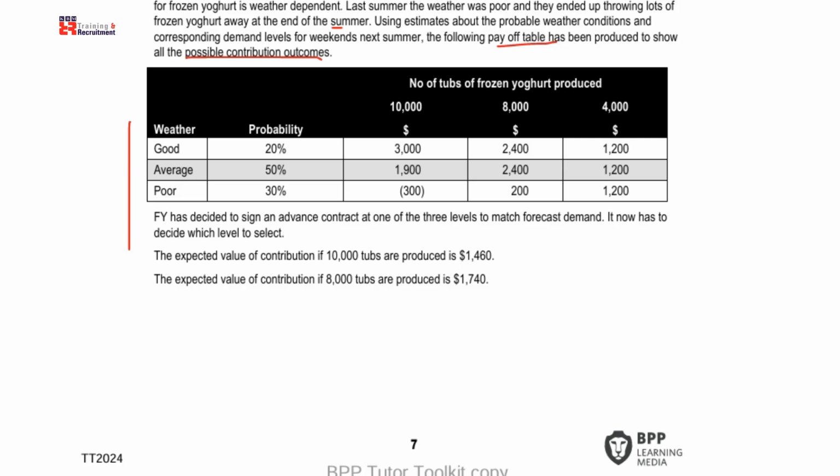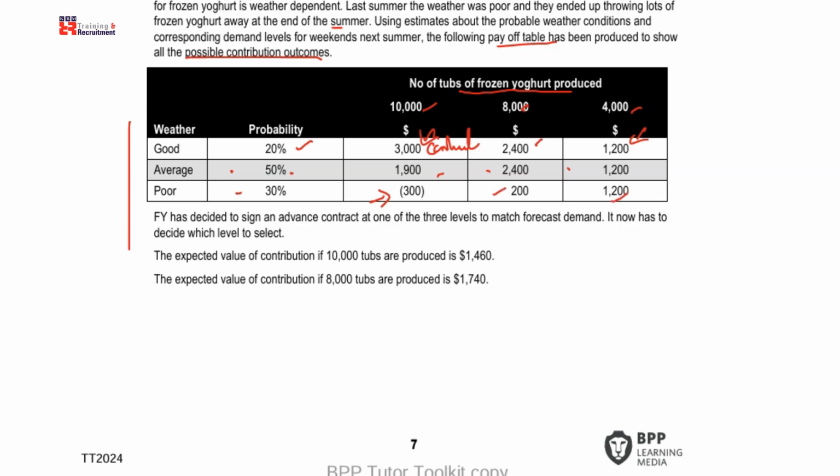If it is good weather and the number of tubs produced is 10,000, with a 20% probability, you get a contribution of 10,000. If you sell 8,000 items, 2,400 contribution. 4,000, 1,200 contribution. At an average 50% chance, these are your contributions. At poor weather, 30% chance, there could be a loss, and these are the profits.